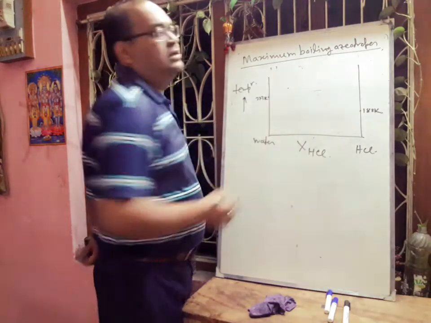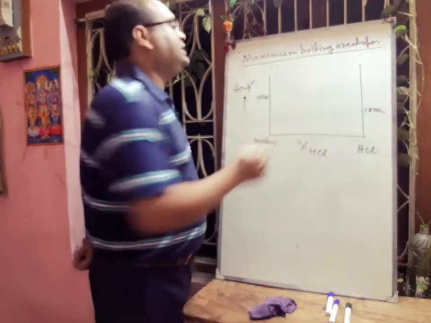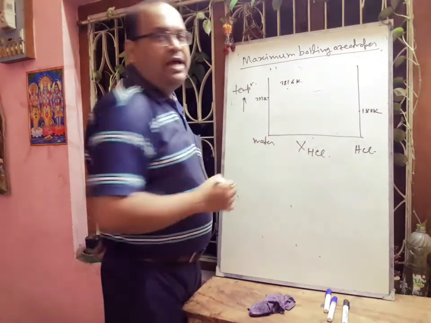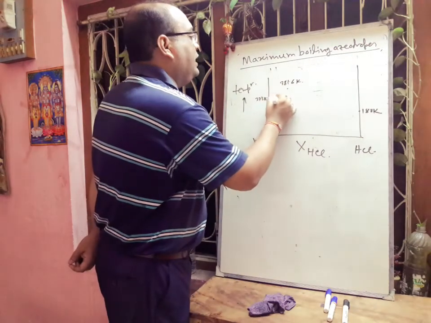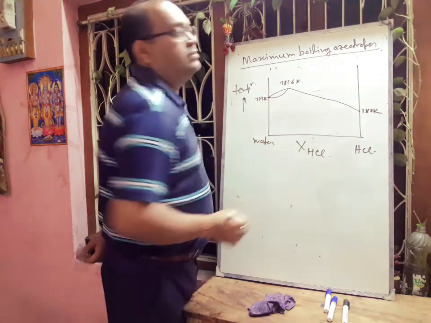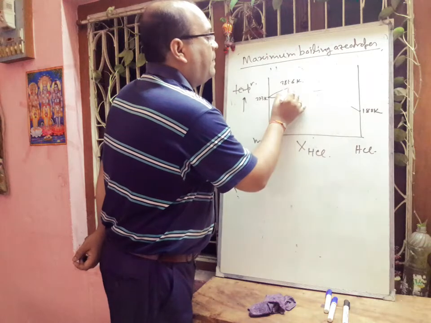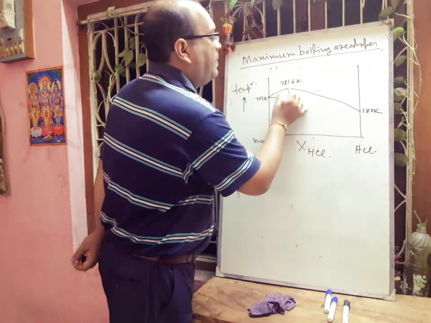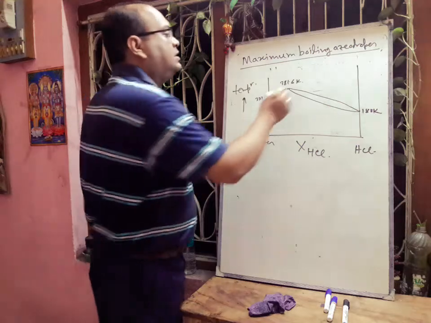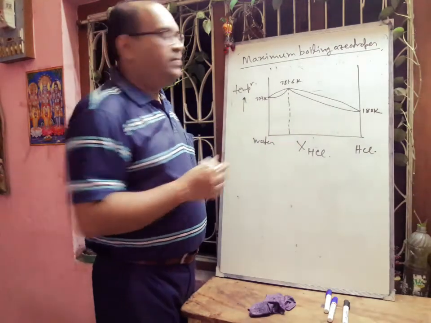Suppose this point, that will be 381.6 Kelvin. From here it is showing the negative deviation. We will get a curve like this, and this is the azeotropic composition.